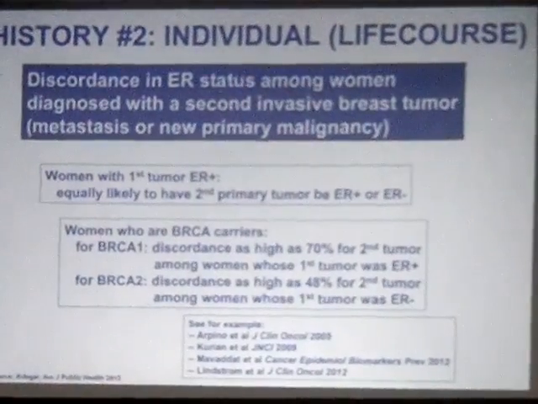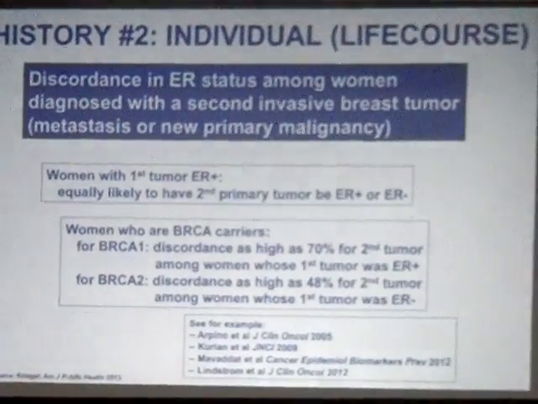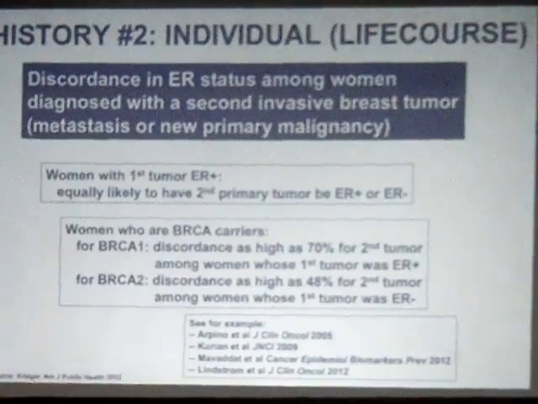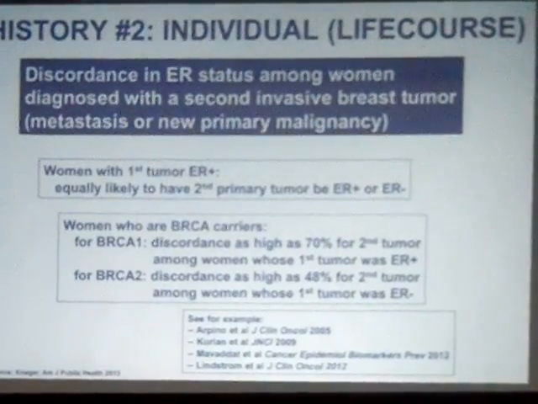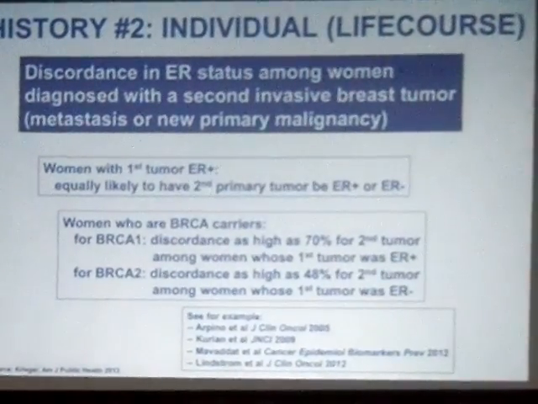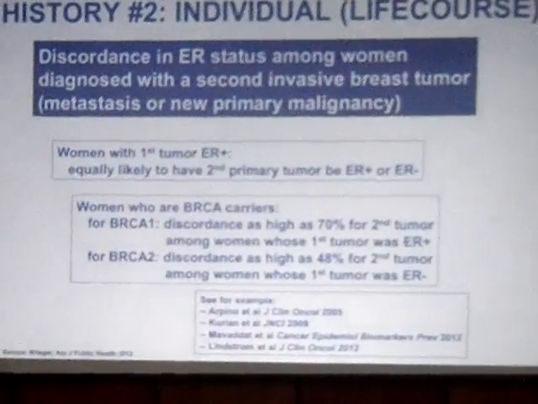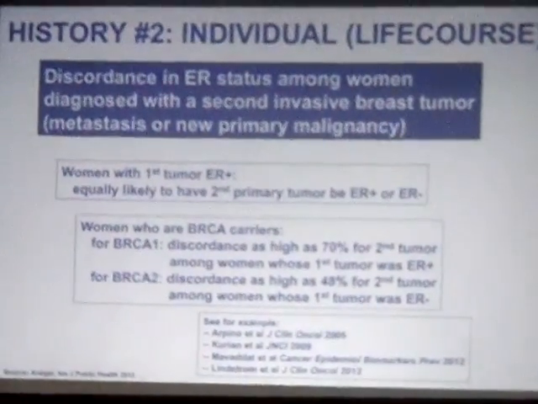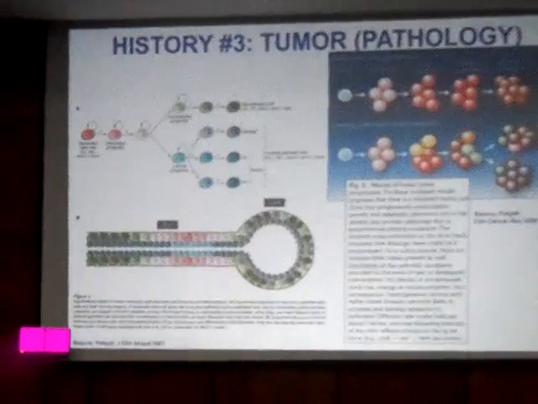The finding that new secondary primary tumors and even metastatic tumors can differ in ER expression, even among BRCA1 and BRCA2 carriers, underscores that ER status cannot be construed as a fixed trait of individuals.